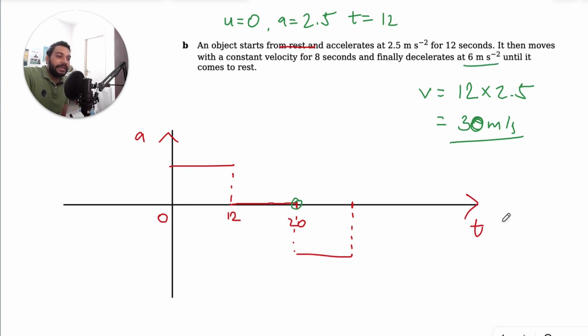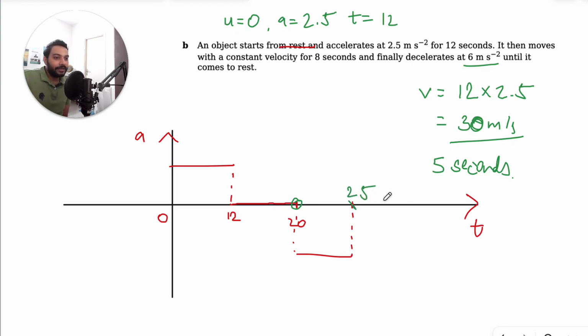That means with each second the velocity is going down by 6 meters per second. In how many seconds will it go to 0? 5 seconds, because 5 times 6 is 30. So the rest point would be after 5 seconds: 20, 25. This is going to be 25 seconds.